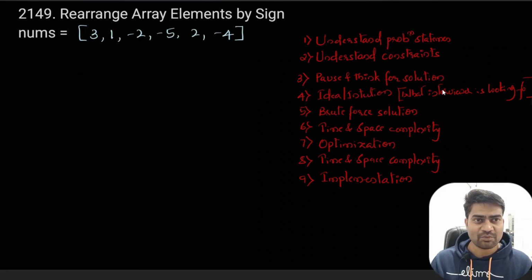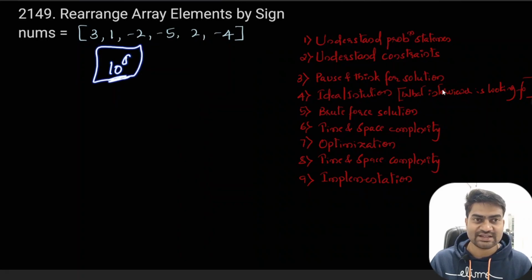So this problem is pretty much straightforward. Maybe you can pause for a second, think about a possible solution, try to solve it, and then come back and watch the video. Now let us try to understand the idea, or what exactly the interviewer will be expecting. If you have seen the constraints, the length of the array is in the range of 10 raised to 5.